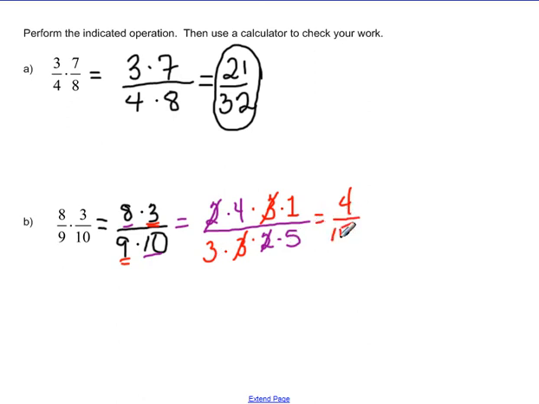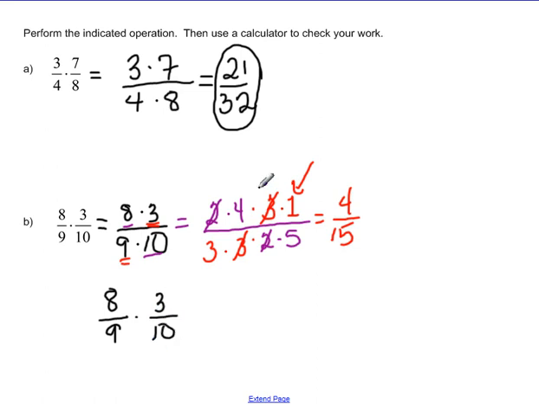Now some of you might have learned along the way that this step that we put here, where we took another step to rewrite the numerators and the denominators in this factored form, some of you may have learned to just sort of cross-cancel here with these numbers. Looking something like this, like with the 8/9 times 3/10.